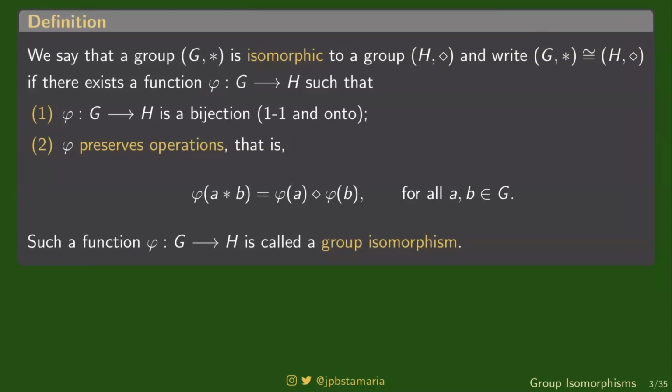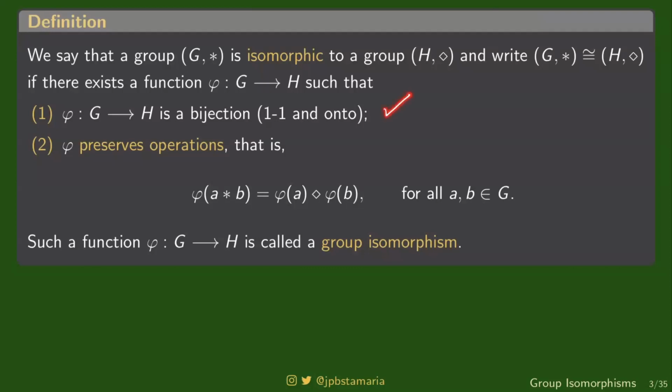Alam niyo, ang ibig sabihin lang naman that there is a bijection from G to H. Sa madaling salita, this is a mathematician's way of saying that the number of elements in G must be the same as the number of elements in H. Or kung infinite man sila, the cardinality of G must equal the cardinality of H. Kasi if the cardinalities are not the same, then this bijection cannot be established.